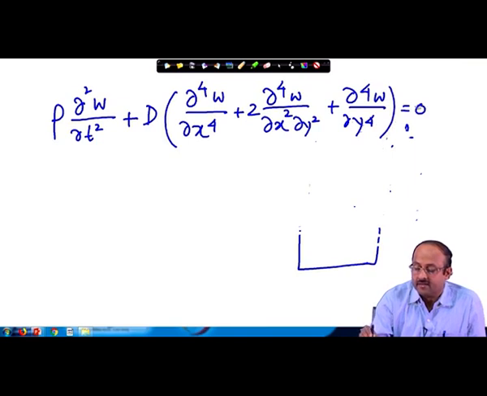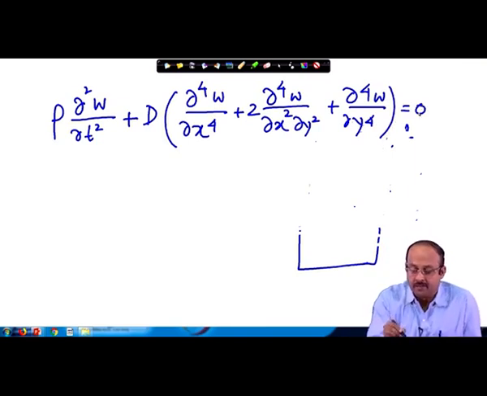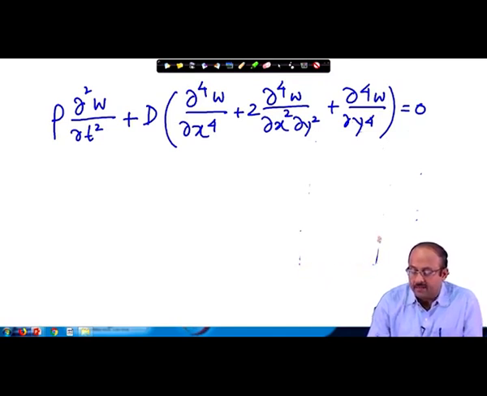This is equal to 0 for the free vibration problem. And then the solution of this problem is quite difficult. The boundary conditions are again quite important.